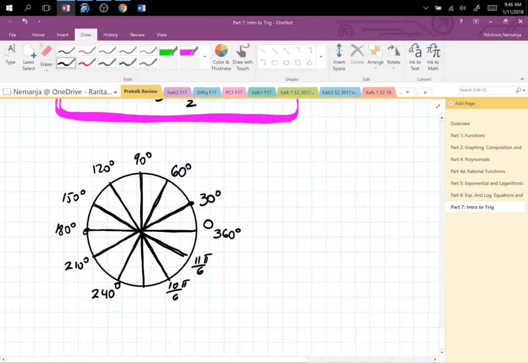Here's our check. 240 plus 30 is 270. 300 and 330. Plus 30 is 360. We end up right where we need.